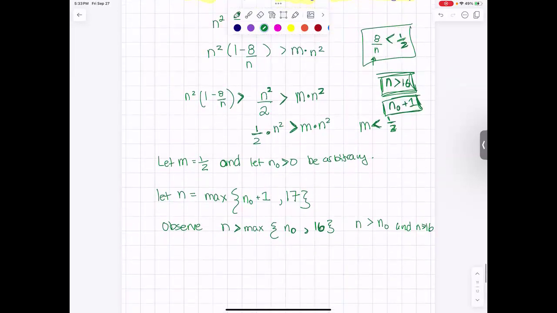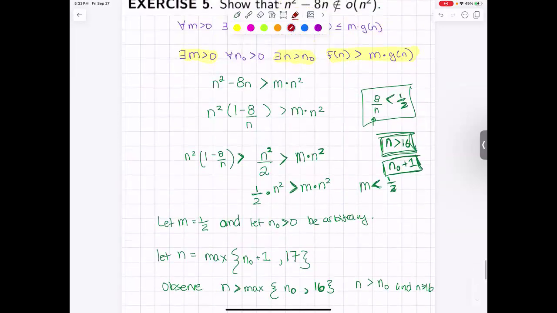So each of these pieces here, I would like to highlight, is showing that when we factor out this side, we were able to determine that an n greater than 16, and not a fraction, right? Obviously not a fraction, so we have to include that value in there, would allow us to prove that this is true.